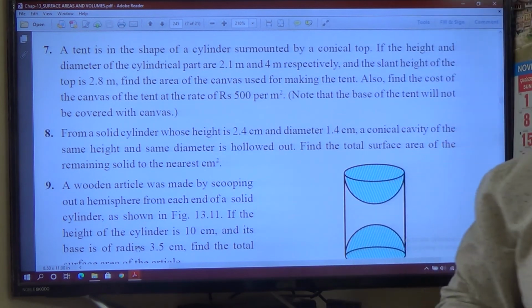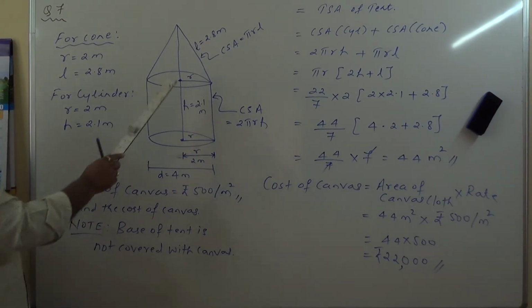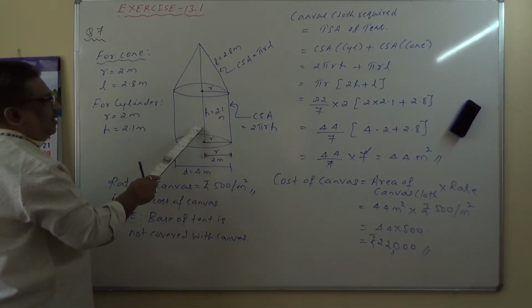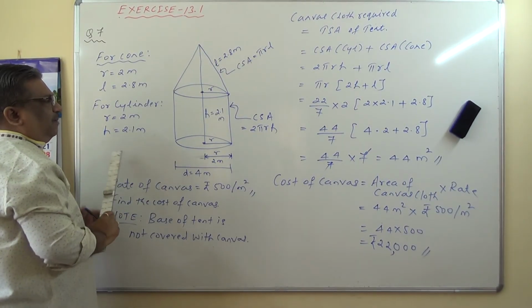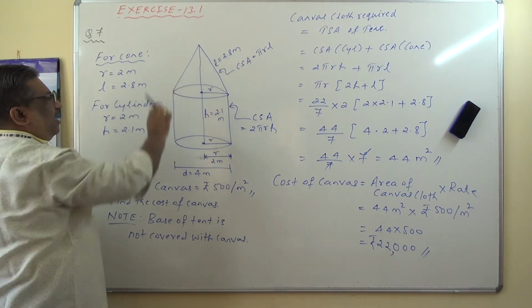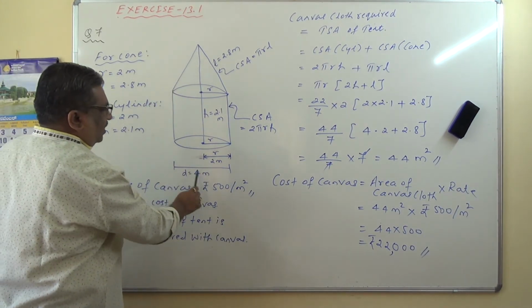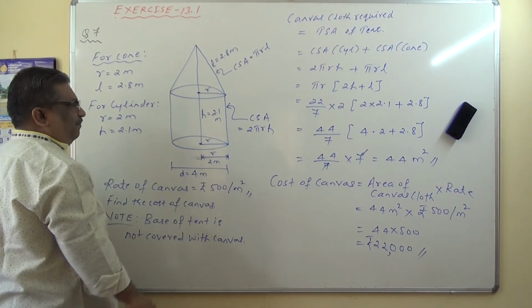So let us solve this. Here, this is the tent, a cylindrical portion over which a conical portion is surmounted, a cylinder surmounted by a cone. The diameter of the cylinder is given as 4 meter, therefore the radius of the cylinder is 2 meter.